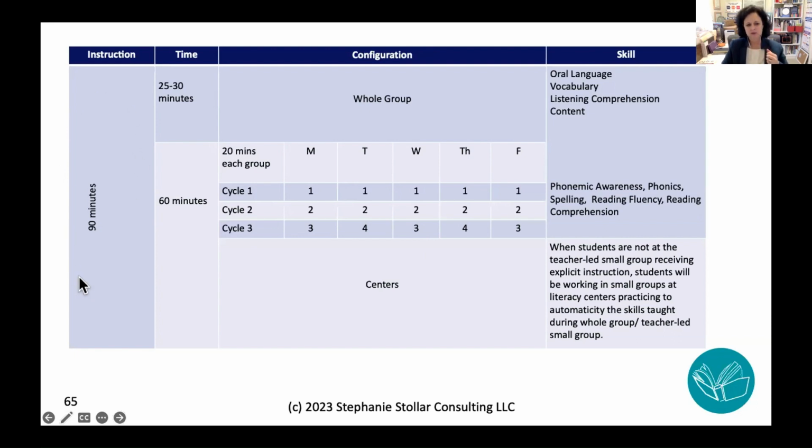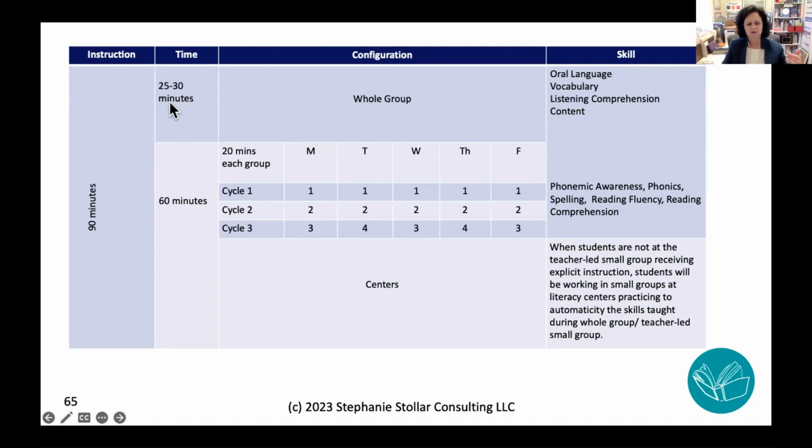They used their screening data to identify the needs of their students. This was first grade. And based on the percentage of students who were at risk at the beginning of first grade, they made the decision to teach their oral language, vocabulary, listening comprehension, and content objectives in whole group.